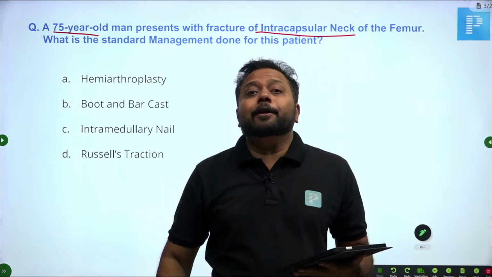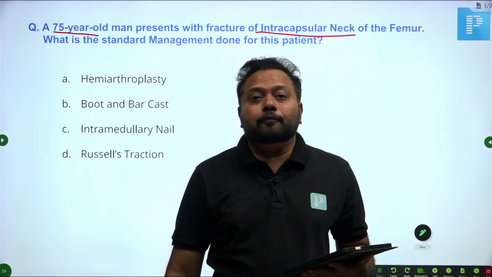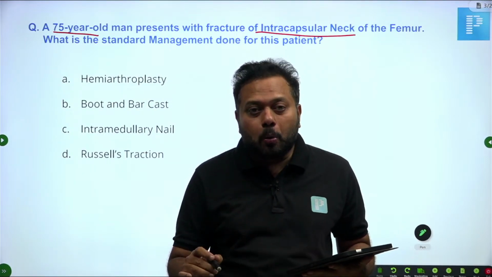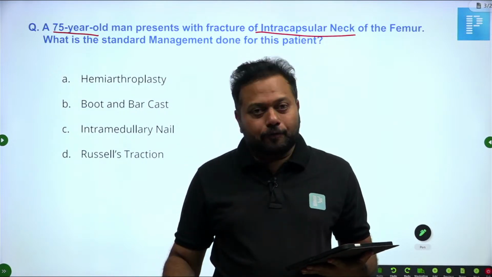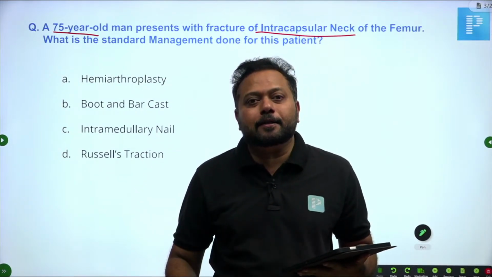The problem when it is intracapsular, 85 to 95% of people will go for non-union and avascular necrosis. So surgery is the treatment of choice. Surgery is a must in 100% of the cases.